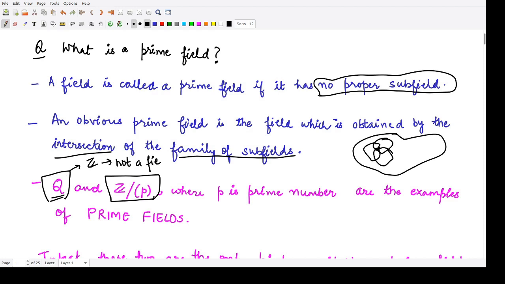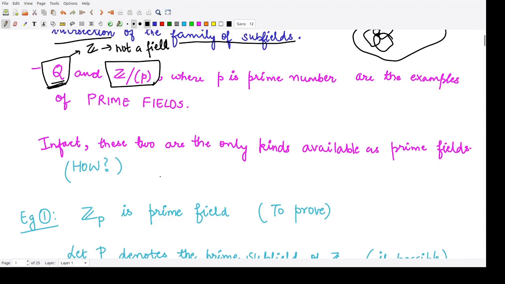So the field of rational numbers does not have any subfield within itself. So we can say these are the smallest fields which could be available.